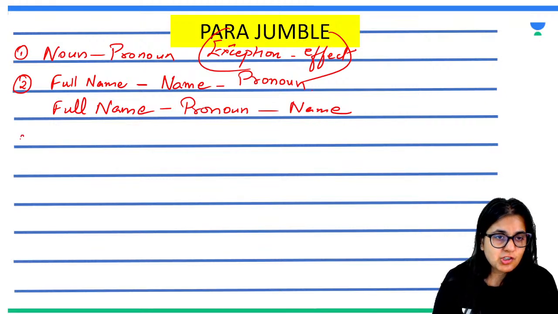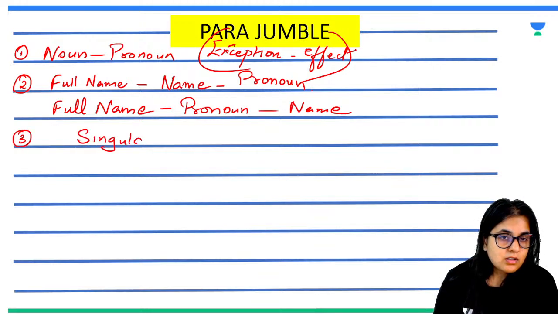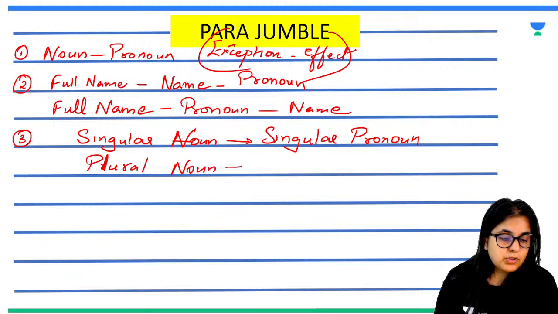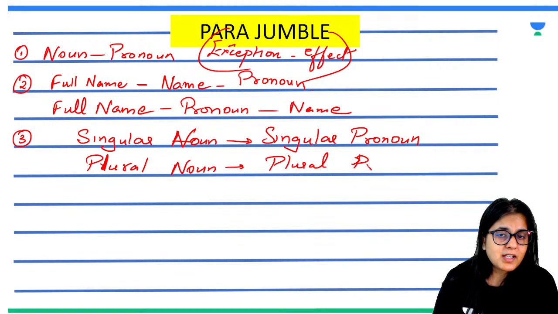Now please make sure to link singular noun with singular pronoun, singular noun with singular pronoun, and plural noun with plural pronoun. Okay, but guys, you understand all of this, but you end up making mistakes.